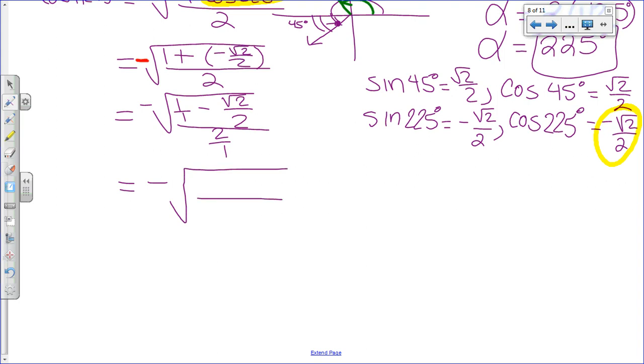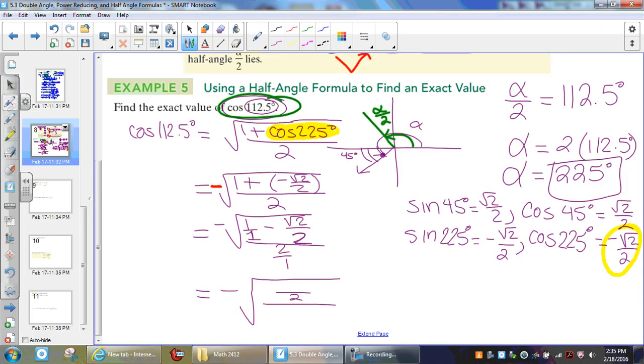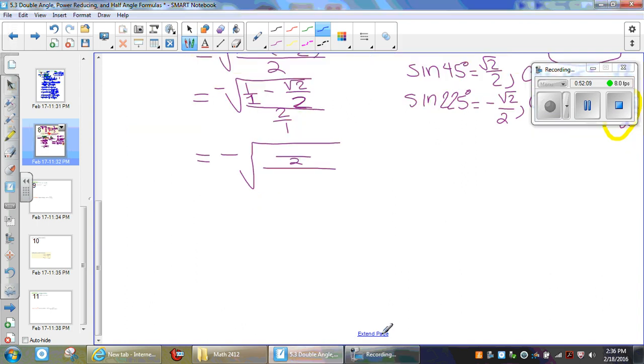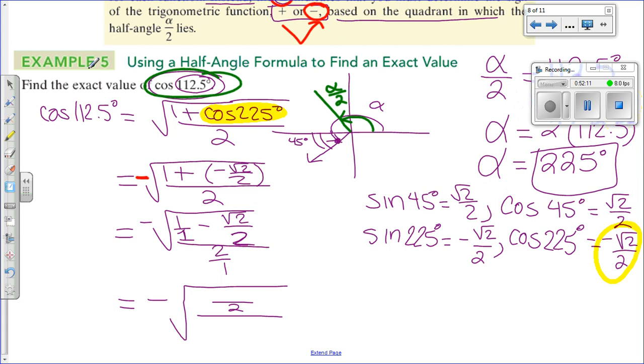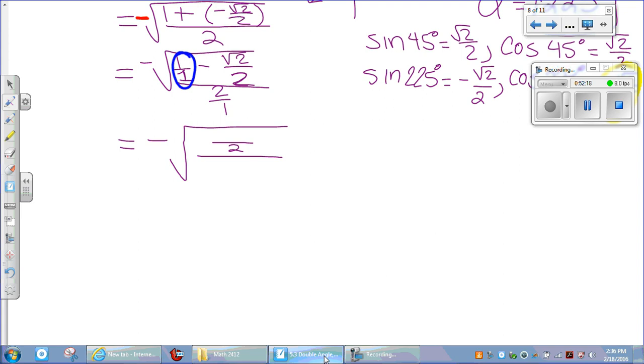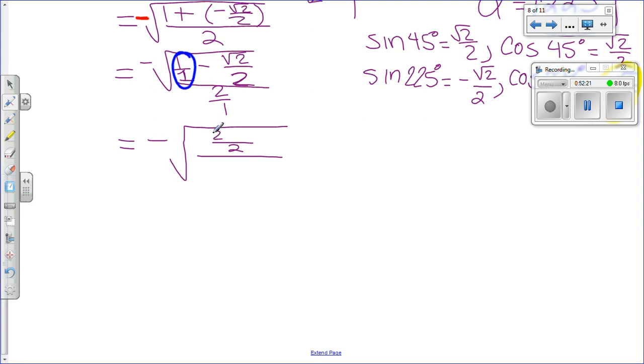Here we're going to have denominator 1 and denominator 2, so the common denominator will be 2. 1 over 1 converted to halves will be 2 halves. And then this fraction here already has a 2, so we will just say minus the square root of 2 over 2.